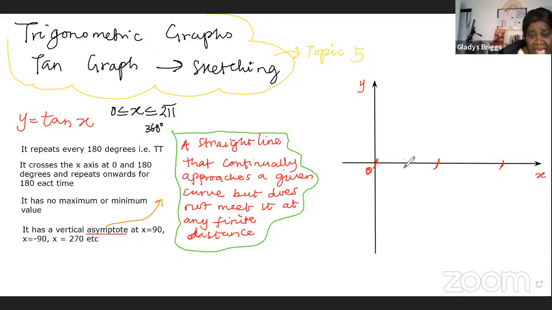So there will be an asymptote at 90 degrees and another asymptote at 270 degrees. Let me put my degrees in, or radians. This is 90 degrees, this is 180 degrees, this is 270 degrees, and this is 360 degrees.